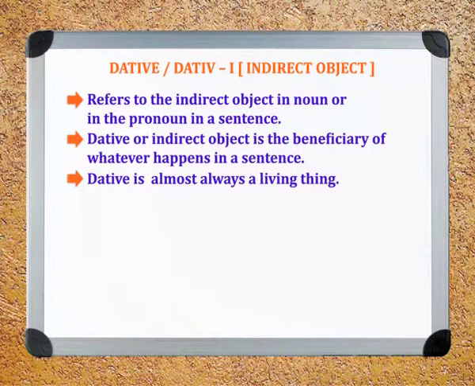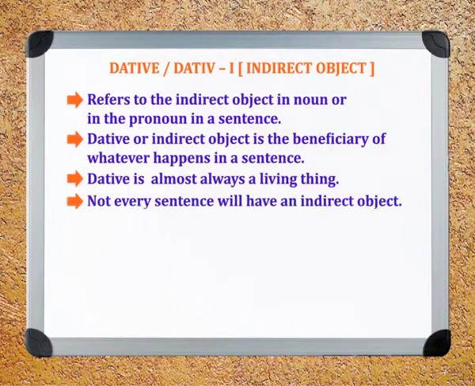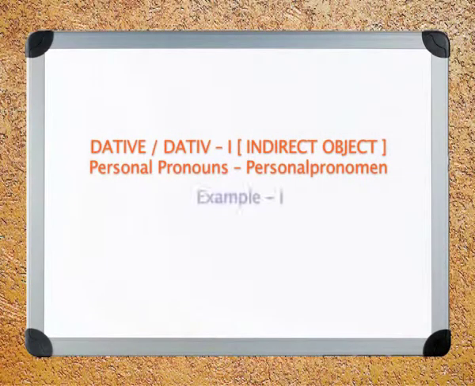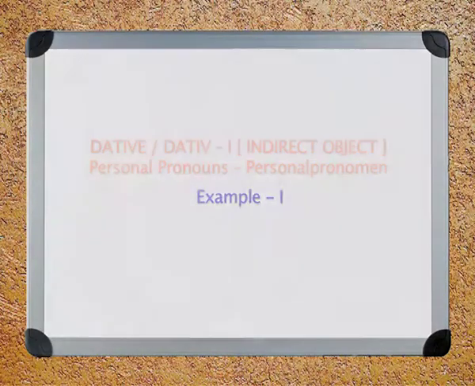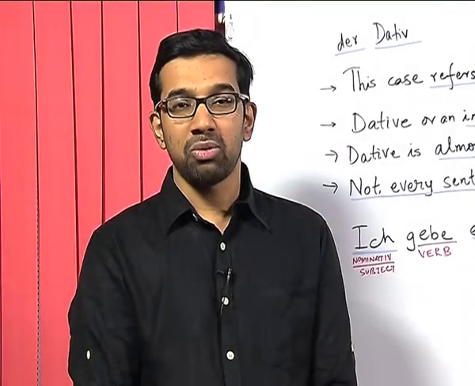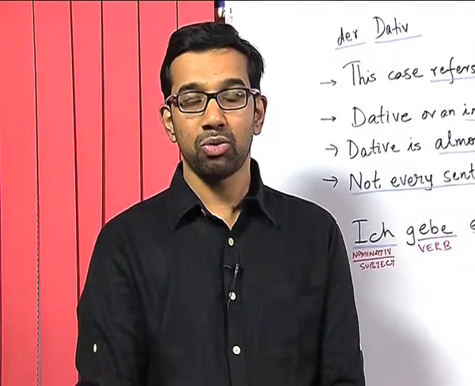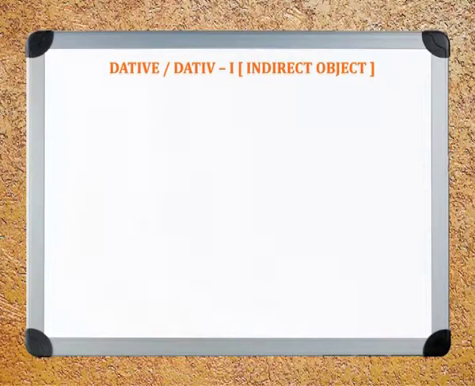Dative is almost always a living thing, and another important factor: not every sentence will have an indirect object, that is dative. Now, let us look at some examples, and then it will be easier for you to understand the dative concept.